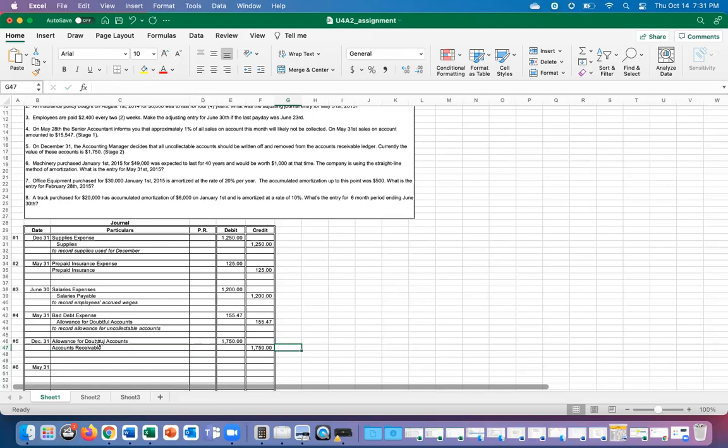So basically, this method of dealing with bad debt kind of erases it completely off the books and makes it so that it basically never happened. This one, from what I understand, isn't used as commonly in the real world, just because it makes it so the transactions that led to those amounts never happened.